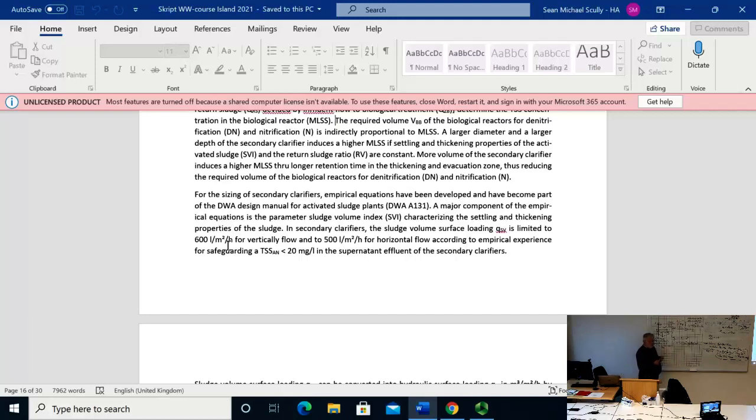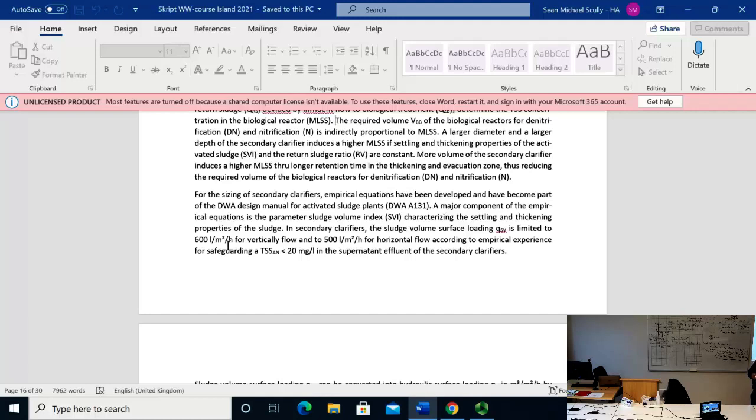The sludge volume index you just can't change; it depends on your wastewater. If you're calculating an existing plant, you can measure the sludge volume index, look at what it has been during the last 3 years, and take the highest value, because with the worst sludge volume index the plant still shall work.